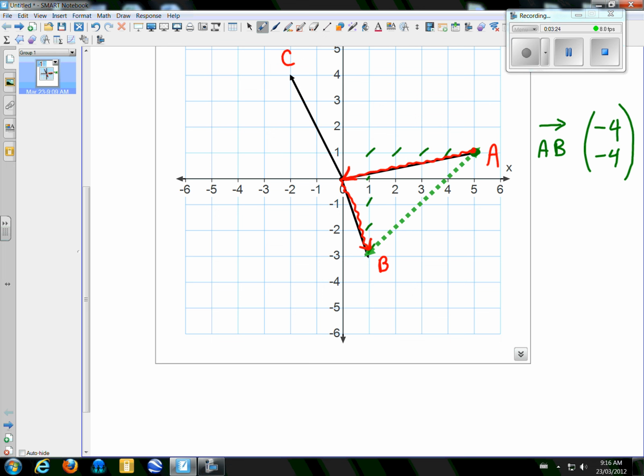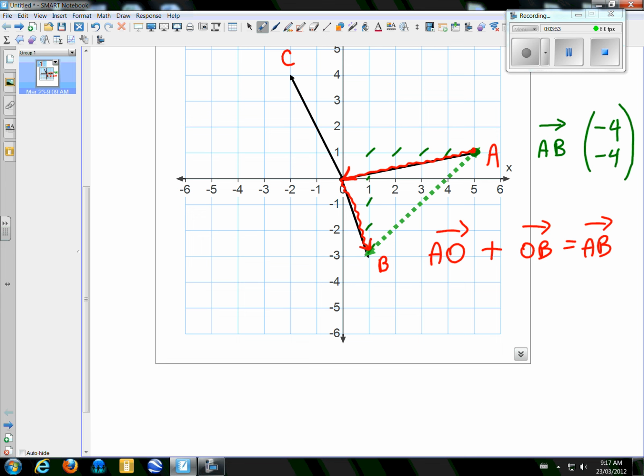So what we could do is say, if I take the vector A to O, not A to B, A to O, and add to it O to B, that takes us from A to B. So what is A to O?